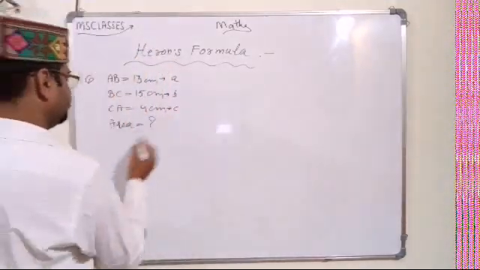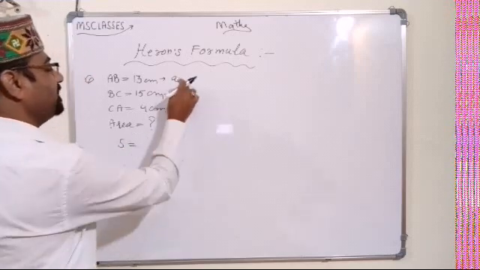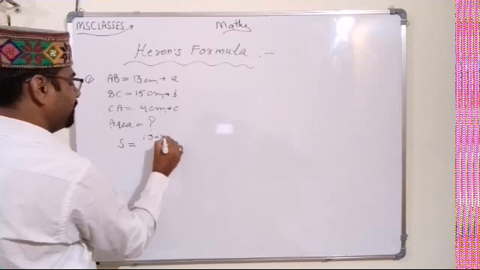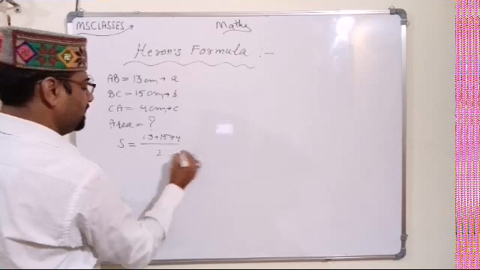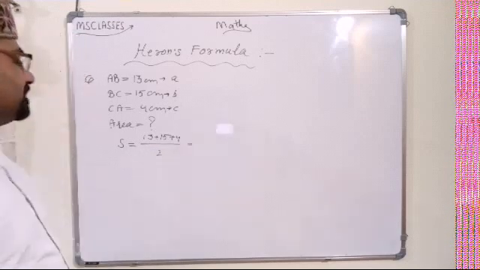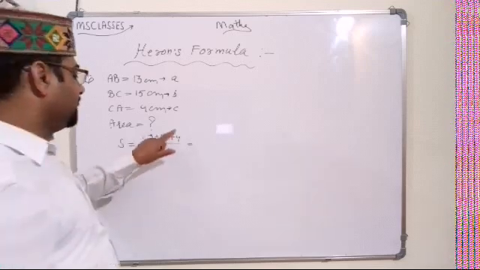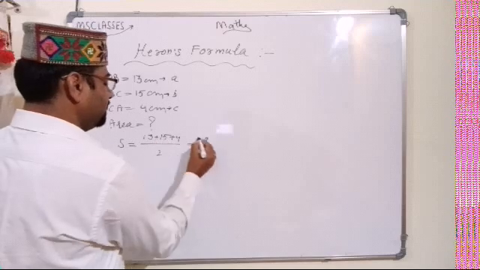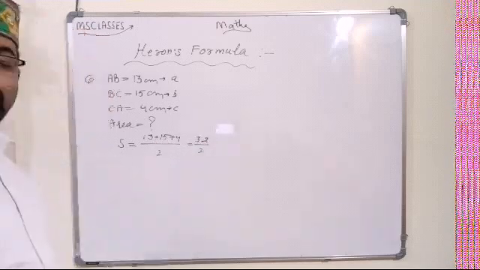So here S means (a plus b plus c) over 2. This is (13 plus 15 plus 4) over 2. This is 32 over 2, right?